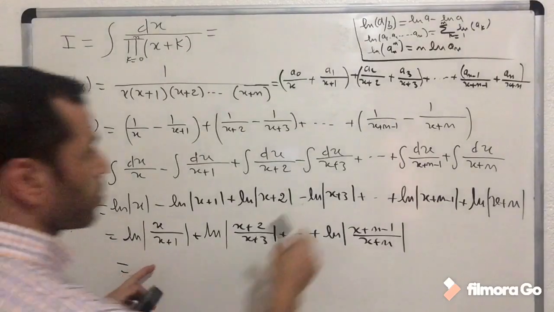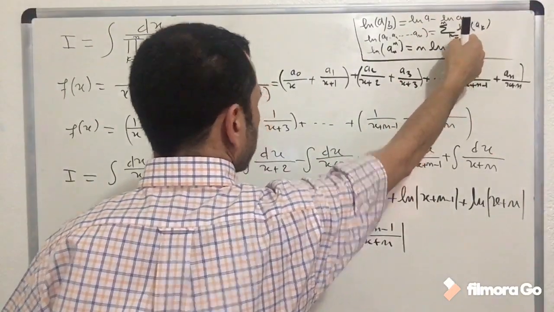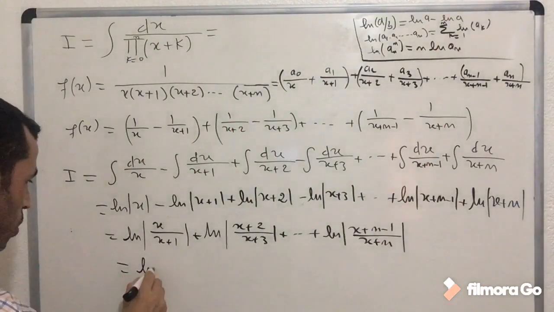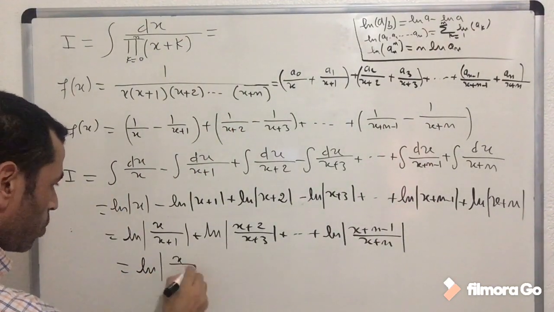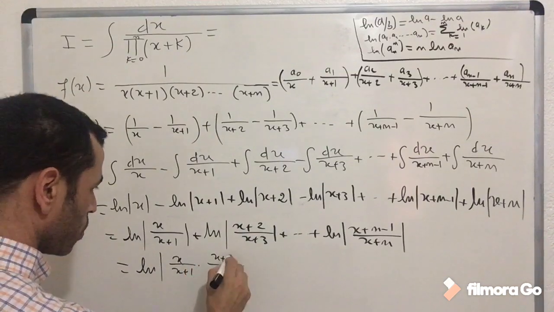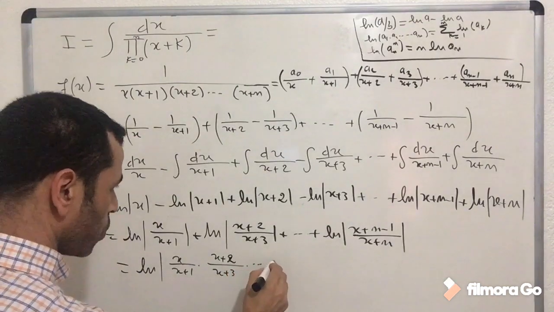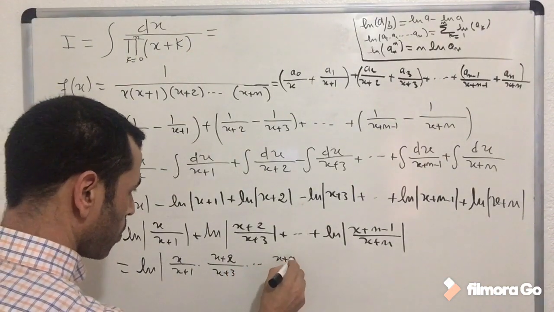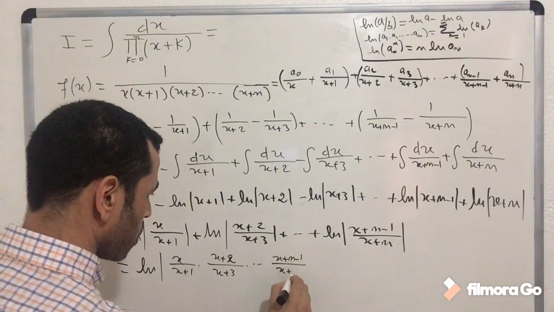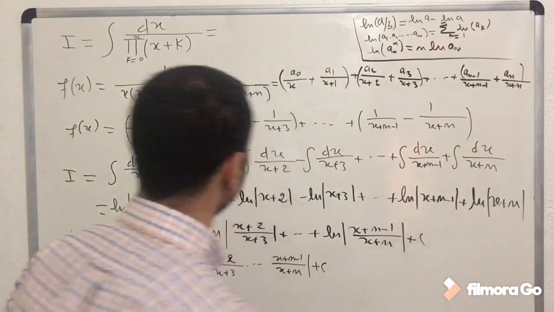Let's put this as a product inside, because we are applying the second rule, natural log of x over x plus 1, x plus 2 over x plus 3, and so on, up to x plus n minus 1 over x plus n. Don't forget the constant, because we have an indefinite integral.